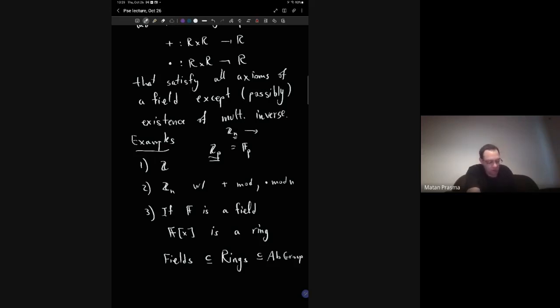So rings are an intermediate notion between fields and abelian groups that allow us, on one hand, to talk about a structure with two binary operations, addition and multiplication, but slightly weaker than a field, so that they include, for example, these three examples that are not a field, but nevertheless have multiplication.